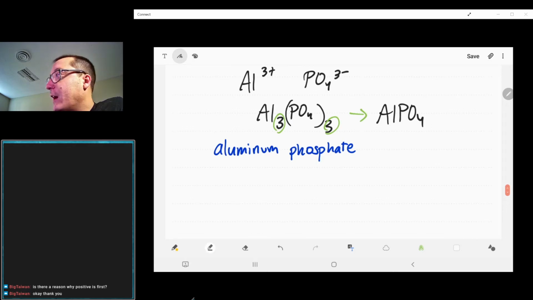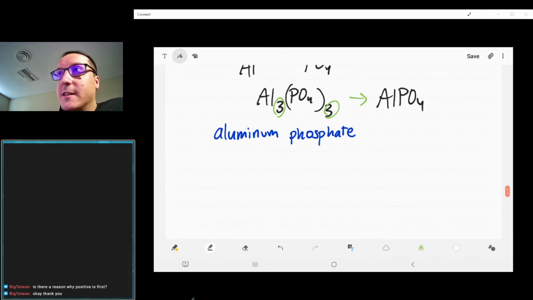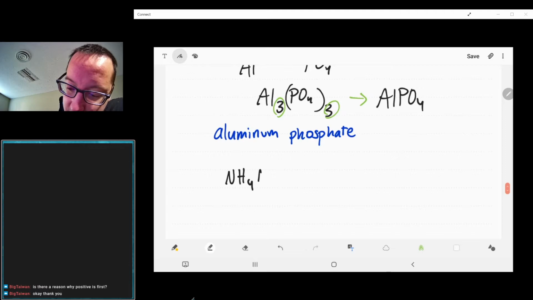Sometimes we have polyatomic ions that are positive. There's not too many, just a few of them, but they exist as well. They could replace our metal instead. If we had, for example, this compound, we're going to be able to name that as well by understanding that this is a compound made of 2 polyatomic ions.